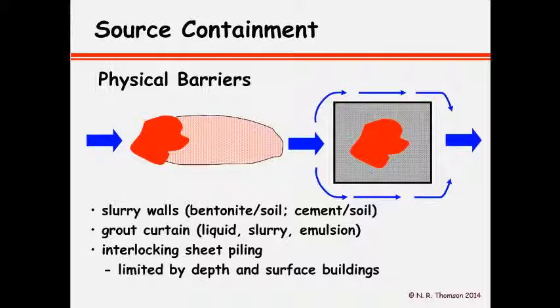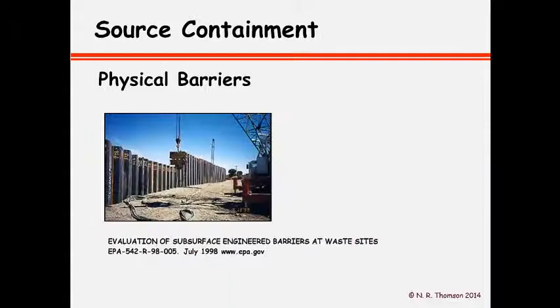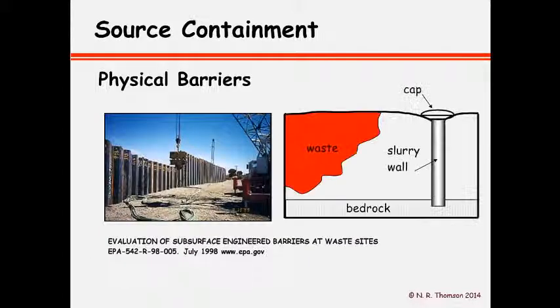All of these are clearly restricted by depth and the ability to work under existing buildings. Here's an example of a sheet pile wall, and here's an example of a slurry wall. Both of these are very well understood. They're both engineered containment systems.